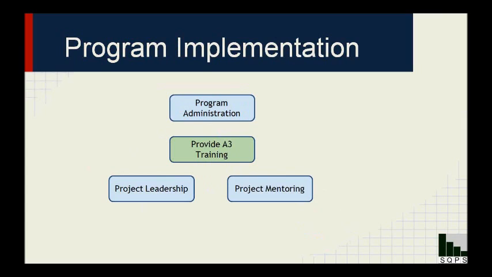But we do have to have the program administration in place before we start providing the training. So that's why it's important to put these things in perspective. When you first want to get into the training, it is important to have a program in place so you can get people started on their projects right away, right after the training.